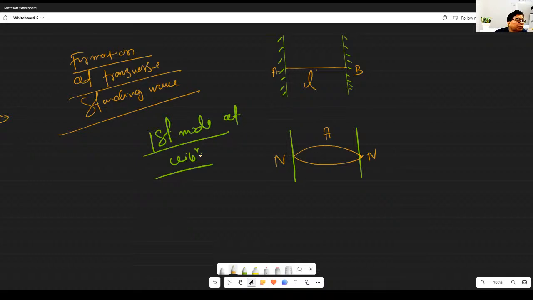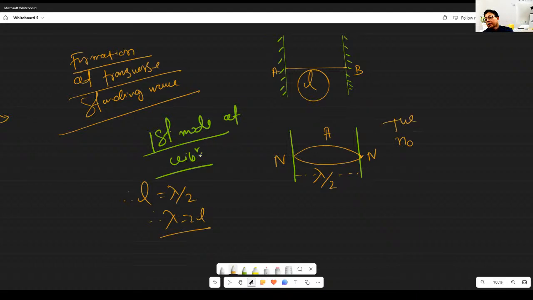So, what's the distance between two nodes? Now, we have just seen it is lambda by 2. But how much was given there? L. So lambda equals 2L. What's the frequency of vibration? N0, the frequency of vibration will be V by lambda.